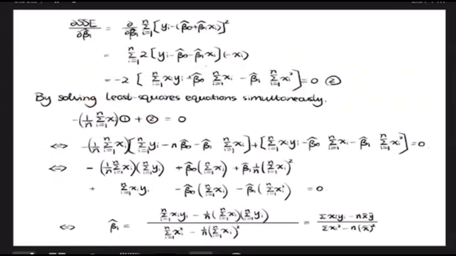For this one, if I want to substitute for this guy, do you know that y bar equals beta naught cap plus beta 1 cap x bar? Now, from here, what do you think my beta naught cap is going to be?